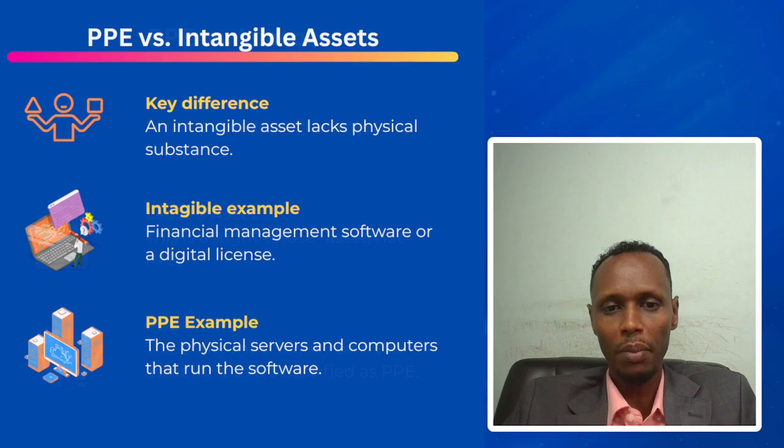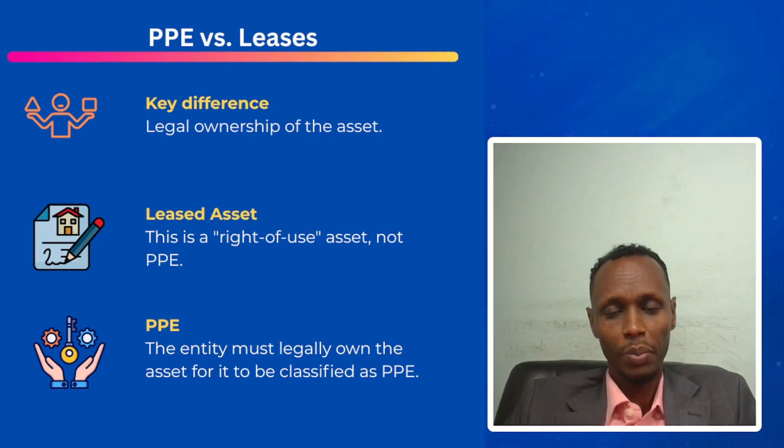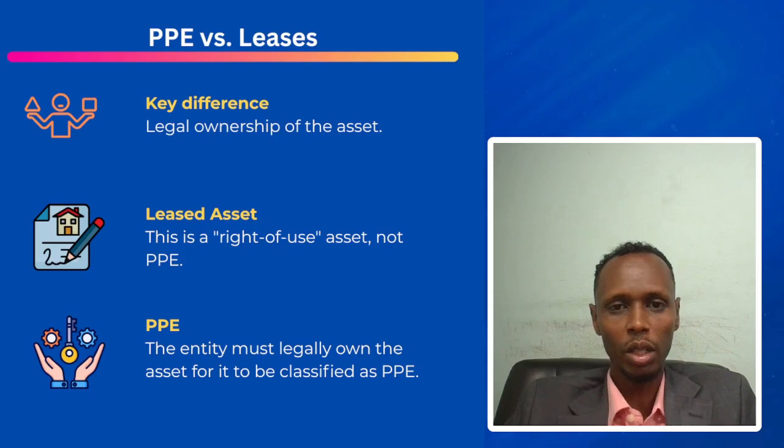So let us compare PPE against leases. PPE versus leases. The key difference here is ownership. If, for example, a ministry, say the Ministry of Health, leases vehicles from a local company for a 3-year public health campaign, they don't own those vehicles, they don't have those logbooks. What they have is the right to use those assets, which is accounted for differently under lease accounting and not under this IPSAS 45.